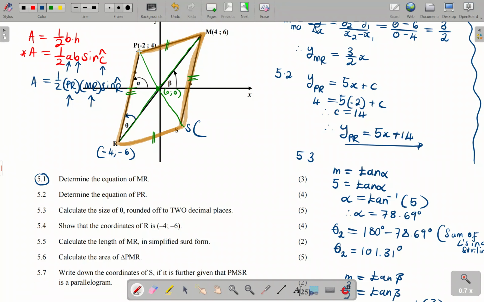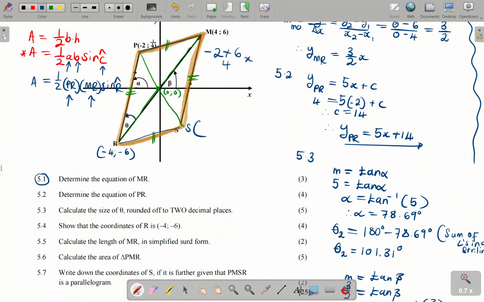Remember, the length of PM is equal to the length of RS. So if you check, from -4 to 4 you added 6. So plus 6 for X, you added 6, it will give you 4.